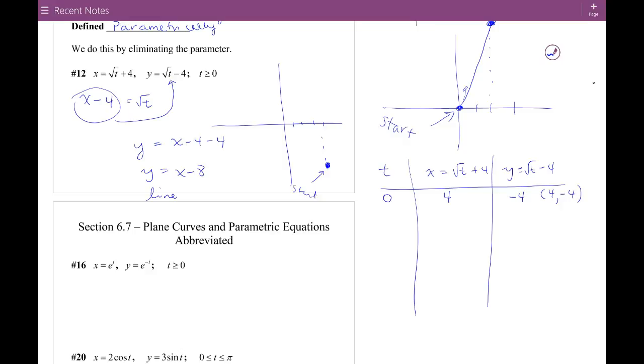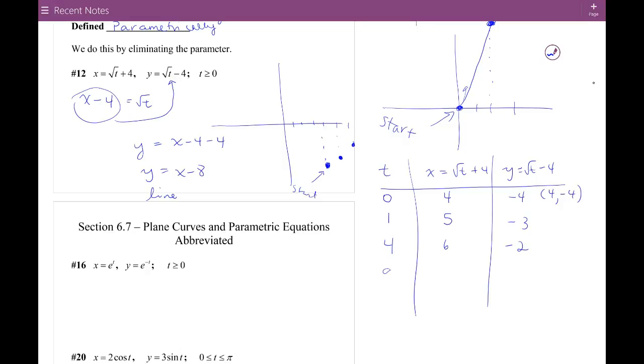Okay, then let's pick easy values again. So when t is 1, I'm going to get x is 5 and y is negative 3. Okay, then let's pick t is 4. And I'm going to get x is 6 and y is negative 2.